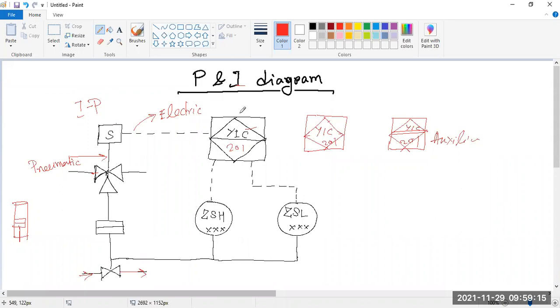It implies that it is accessible to your operator. Okay, this symbol implies this.